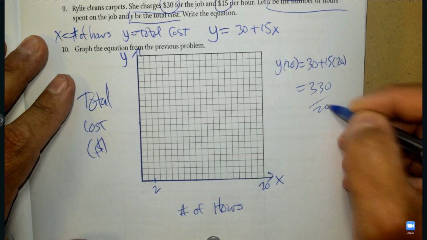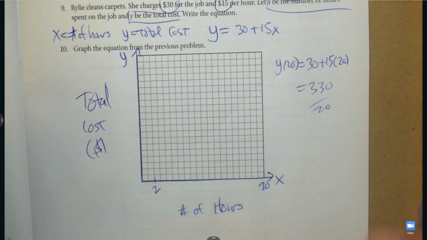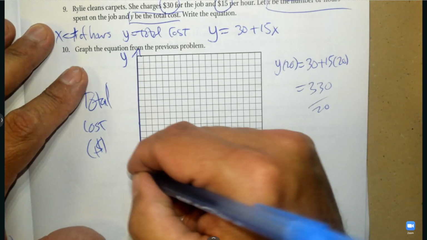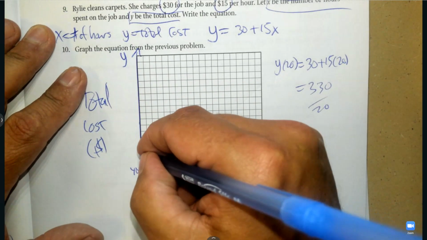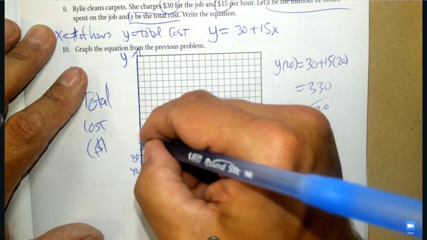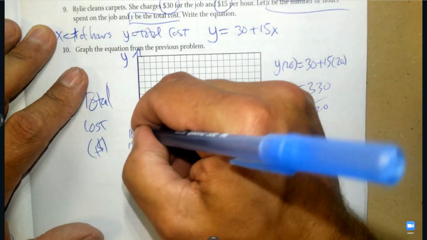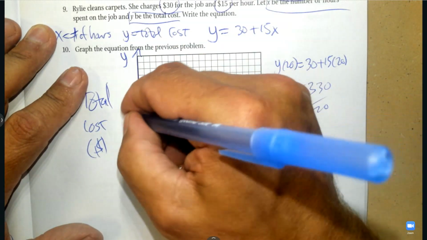And again, if I divide by 20, which scale makes sense to a good whole number? 10 is not good enough. 15 is not good. I'm actually going to count by 20s because 20 times 20 is 400, so it's a scale that can reach. So 20, that's 40, 60, 80, 120, I should count 140, 160, 180, 200.